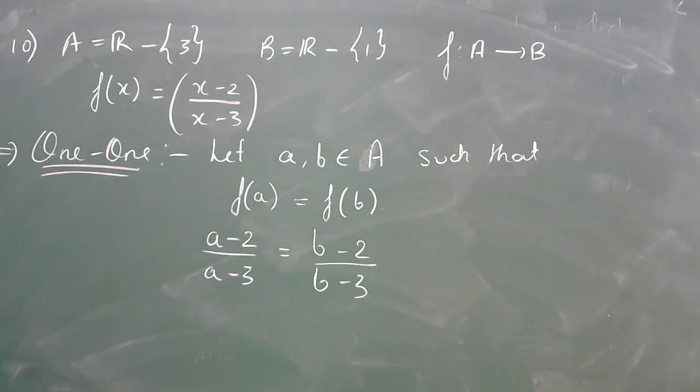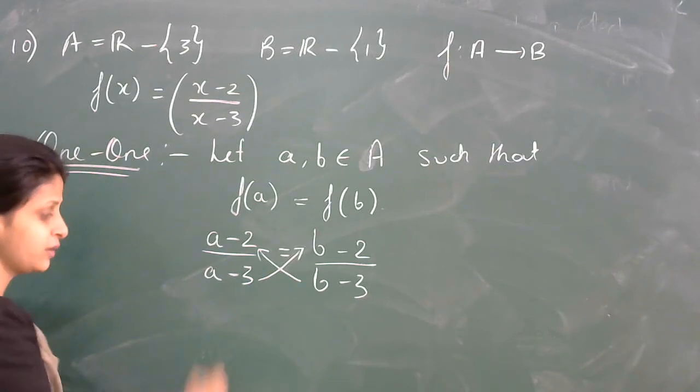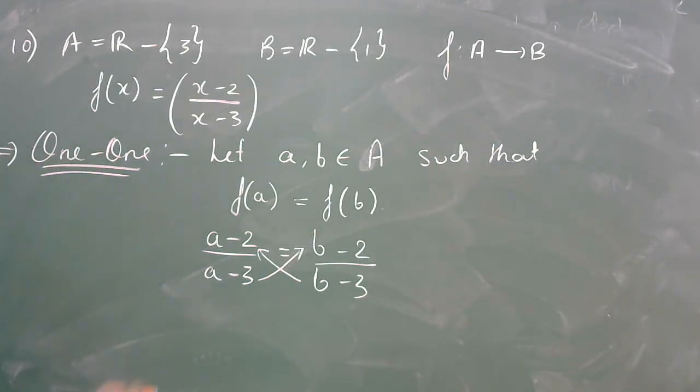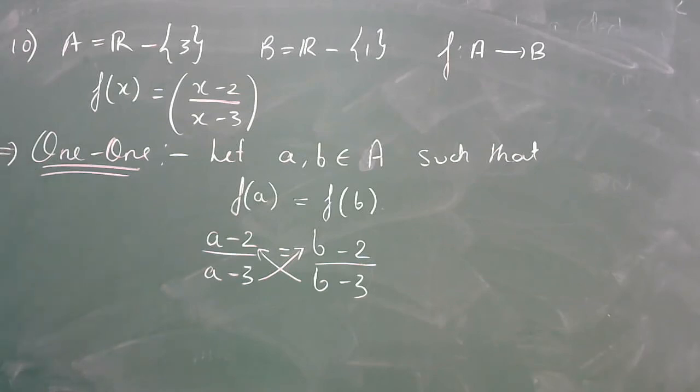Now solve this, students. Cross multiply. You just multiply these two polynomials and tell me what answer you will get at last. Please, everyone. What answer is left at last? If you solve these two by cross multiplying, what answer will you get?